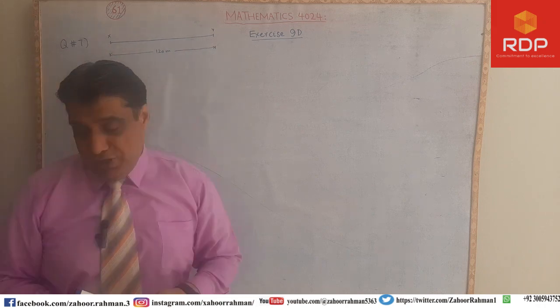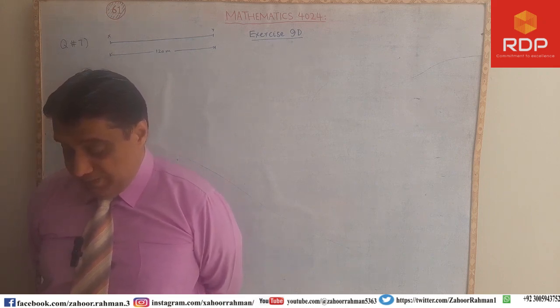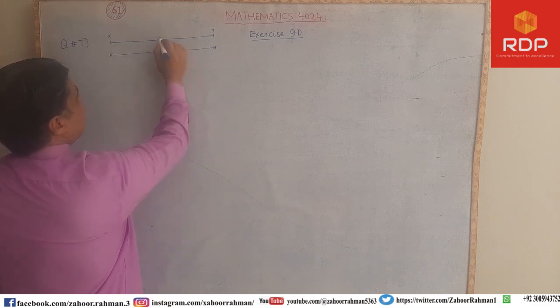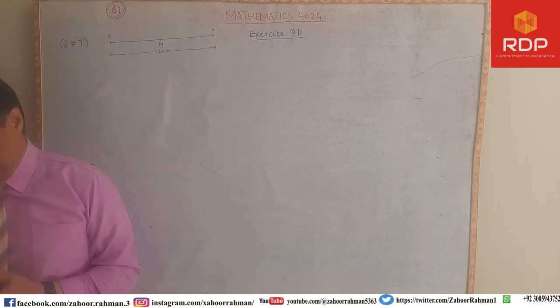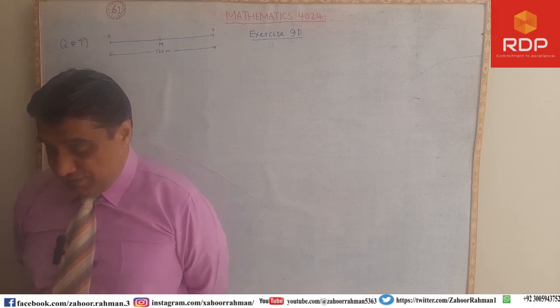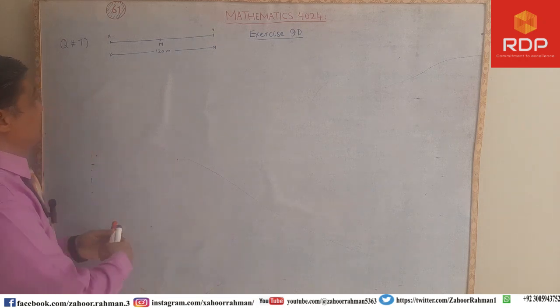M is the midpoint of X and Y, labeled as M. An object travels from X to M in 12 seconds.